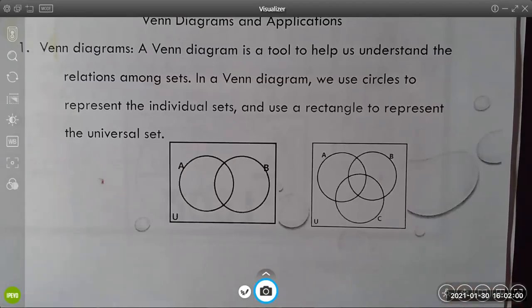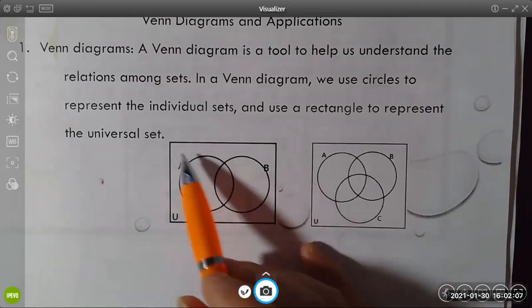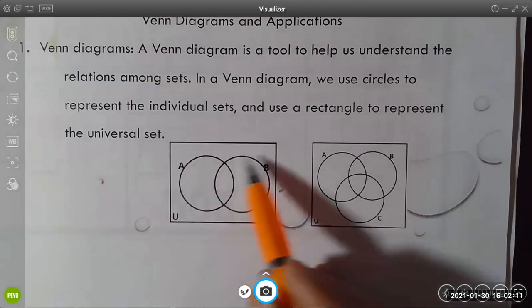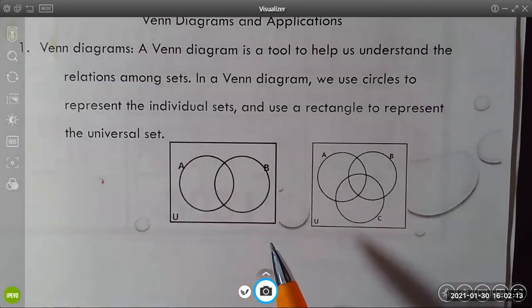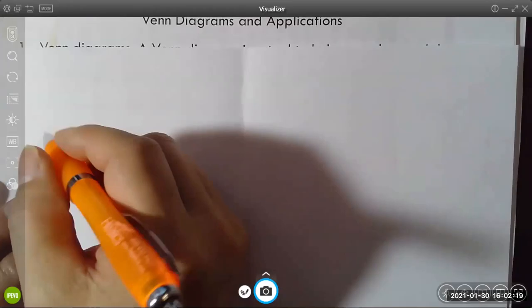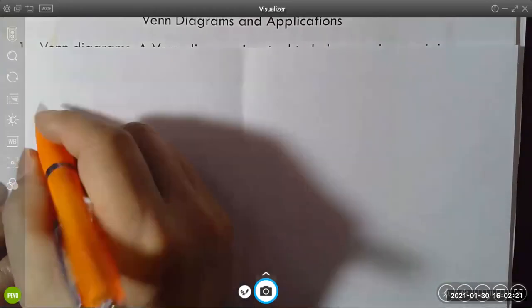First of all, let's look at why we draw this two-set Venn diagram the way it is, with two circles in it, partially overlapped. Why do we draw it like that? Okay, first of all, we know the set operations we learned in the first video.